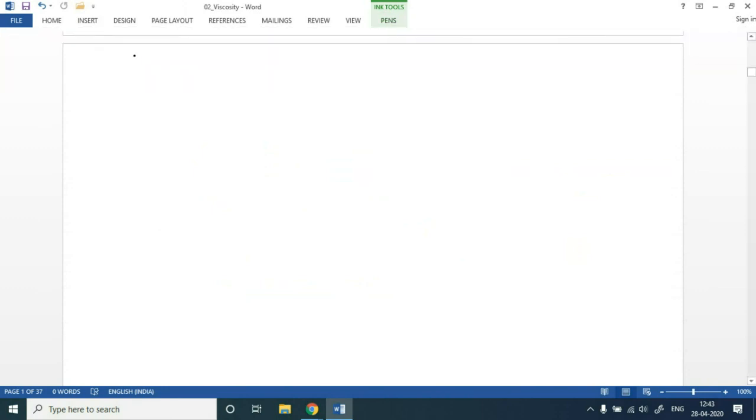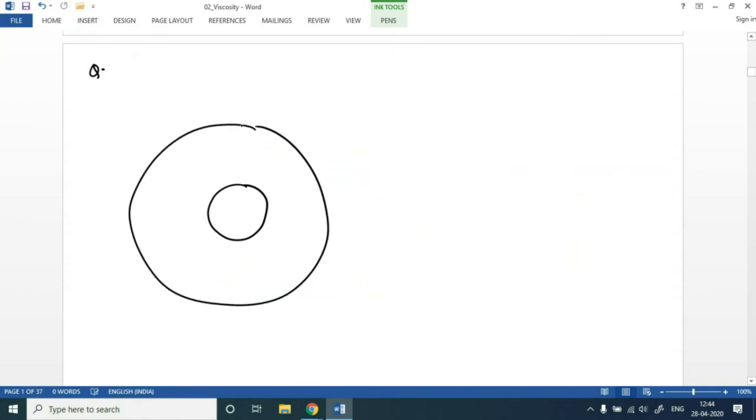Say we have two coaxial thin cylinders, and the radius of the inner cylinder is r, and the radius of the outer cylinder is 2r, and the liquid is filled between them, whose viscosity is eta. The length of the cylinder given is L.